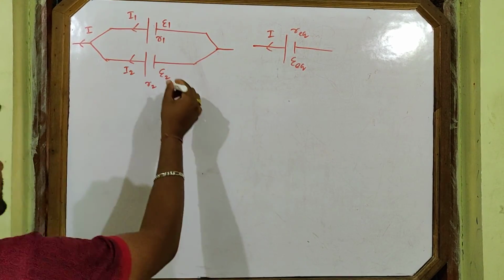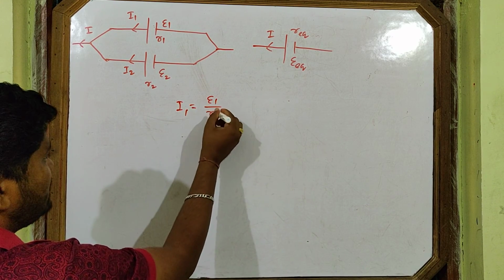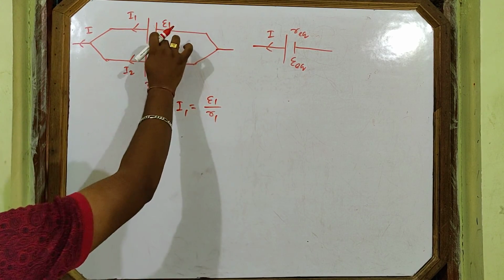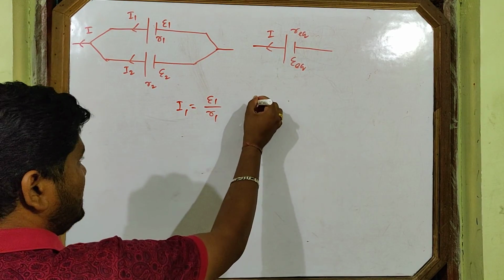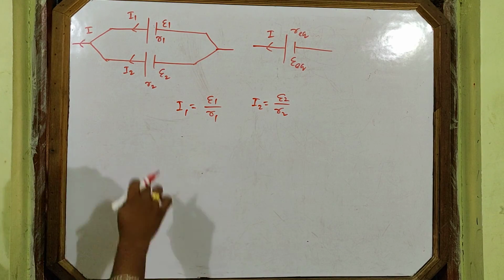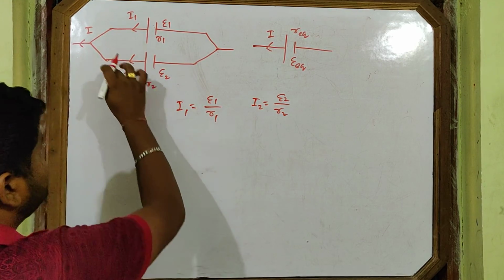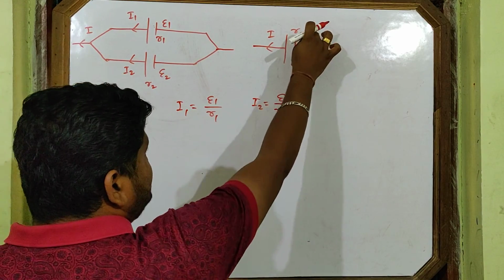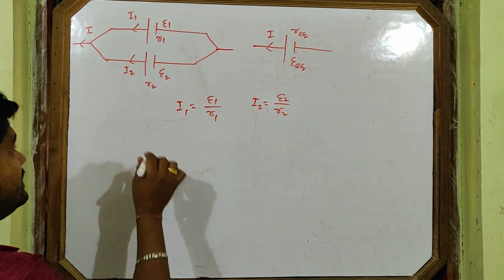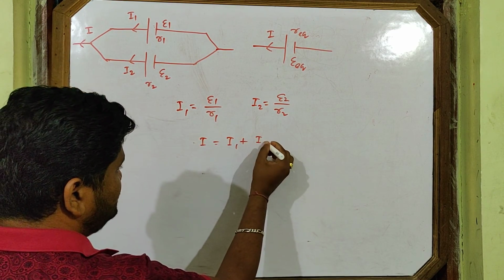So here I1 equal to E1 by R1, current equal to EMF by resistance. I2 is equal to E2 by R2. Then I is equal to E equivalent by R equivalent accordingly. So I is equal to I1 plus I2.